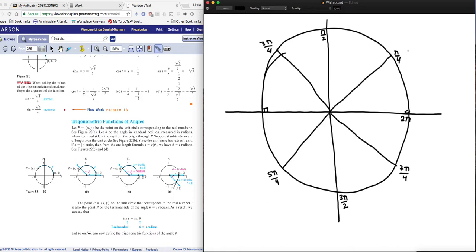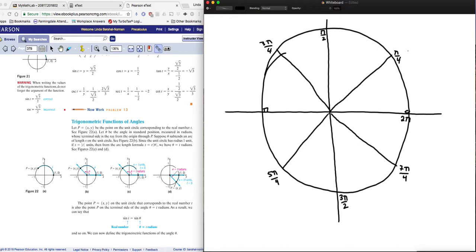All right, if you have an angle in radians in lowest terms and the denominator is 4, you have a 45-degree angle. Okay, it's important that the fraction's in lowest terms. All right, but pi over 4, 3 pi over 4, 5 pi over 4, 7 pi over 4, 9 pi over 4, 27 pi over 4, 39 pi over 4, right?